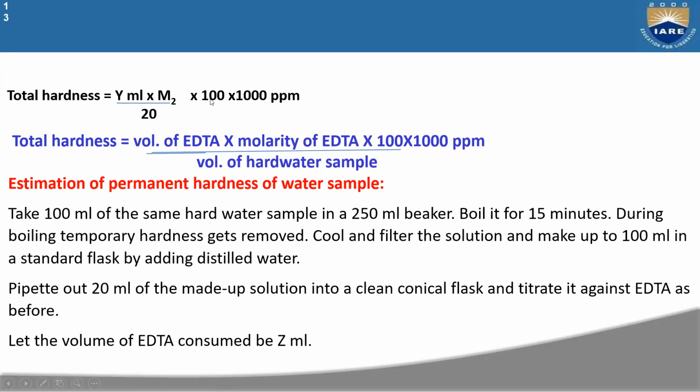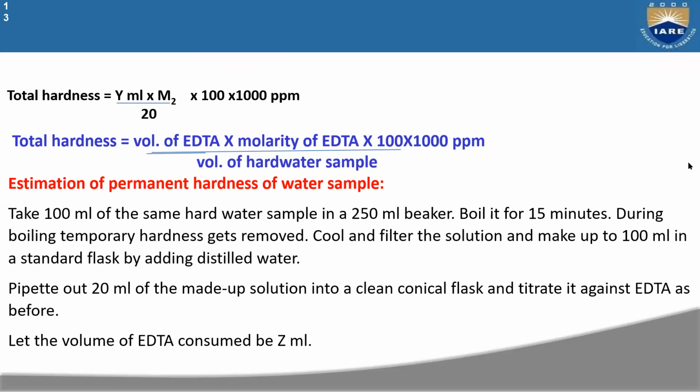So the total hardness is equal to y ml into M2 by 20. The 100 value is the calcium carbonate value and 1000 is 1000 ml, means 1 liter of water we have to make up, that is 1000 ppm. So total hardness is volume of EDTA into molarity of EDTA into 100 into 1000 ppm, divided by volume of hard water sample.